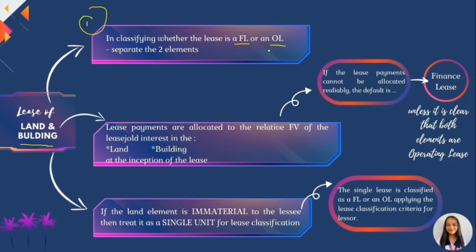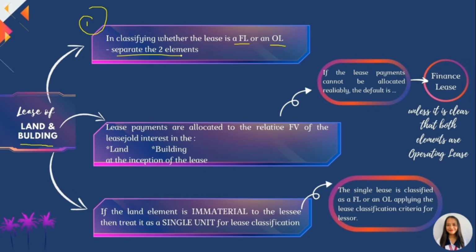When a lease includes both land and building elements, a lessor assesses the classification of each element as a finance lease or operating lease separately. We consider that these are two separate elements, the land and the building. We separate the land and building first before classifying whether it is a finance lease or an operating lease. That is the number 1 consideration.